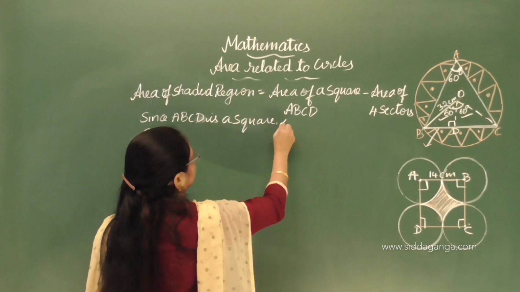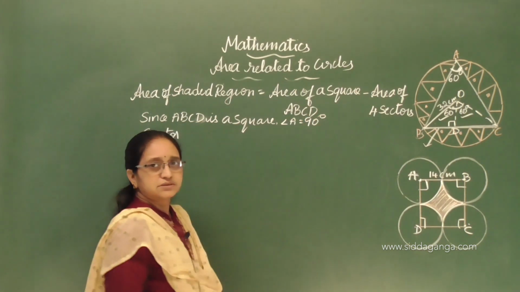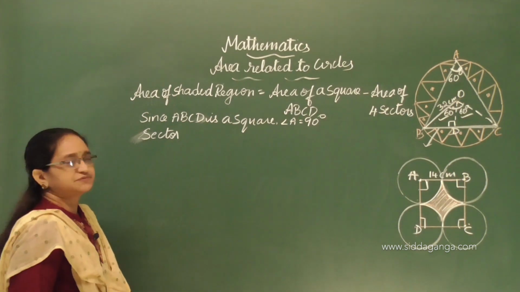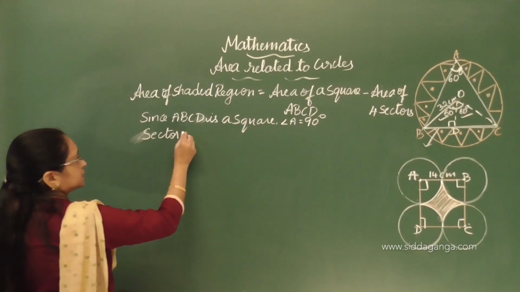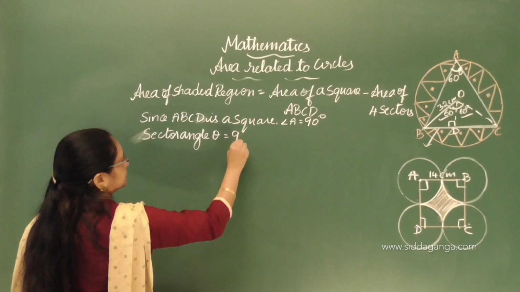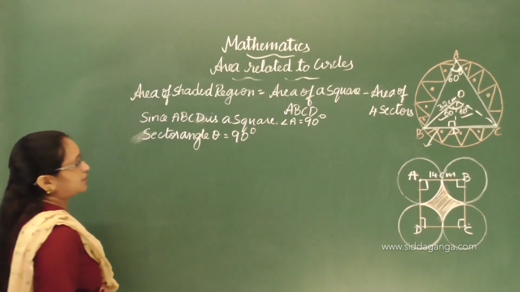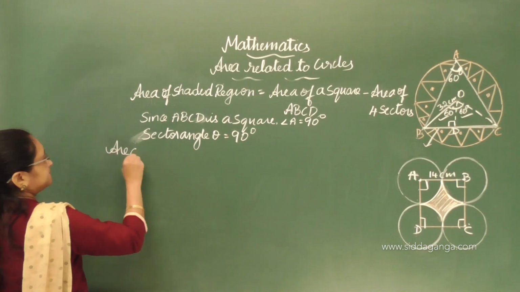So angle A is equal to 90 degrees, correct? Since it is a square, that is the feature of the square. So sector angle theta will be 90 degrees.